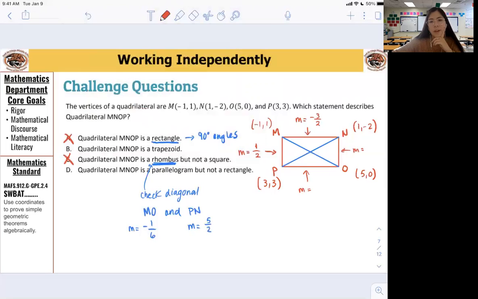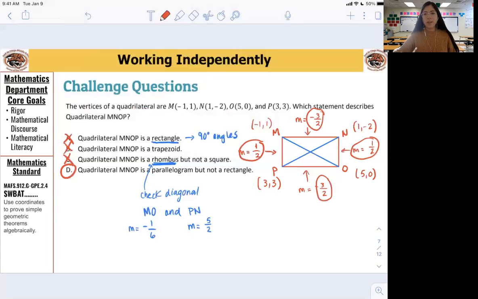So what did you guys get for PO? -3 over 2. So far we have one pair of parallels. So these two are the same. And then for NO, you also should get 1/2, which means the other two parallels also match. So we do have a parallelogram. So it was D.